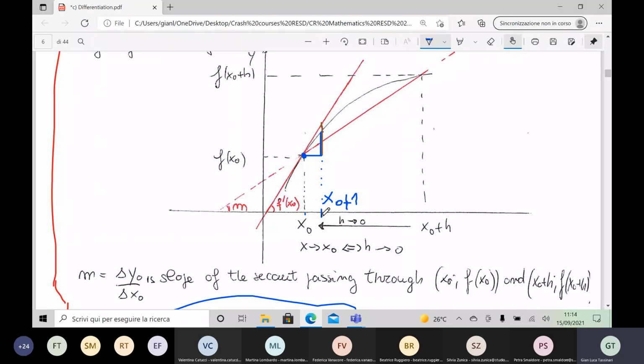So you see this vertical distance: f of x0 was the previous value when x was equal to x0. If the value of x becomes x0 plus 1, the value of the function is all this distance. Start from here, go below, below, below.